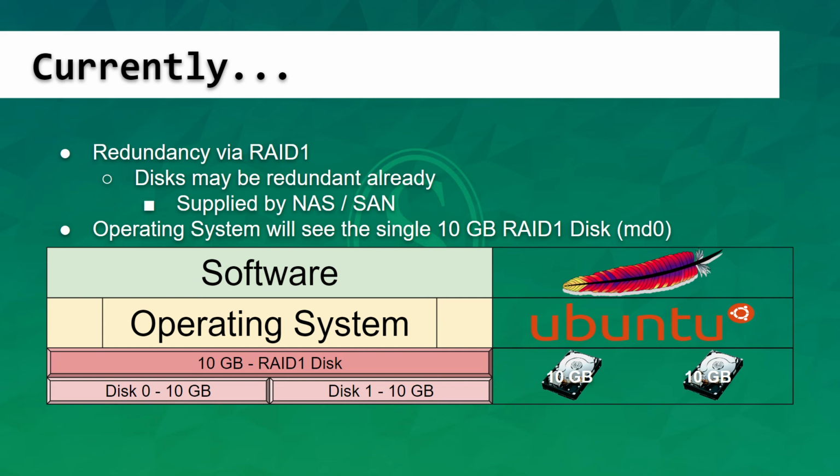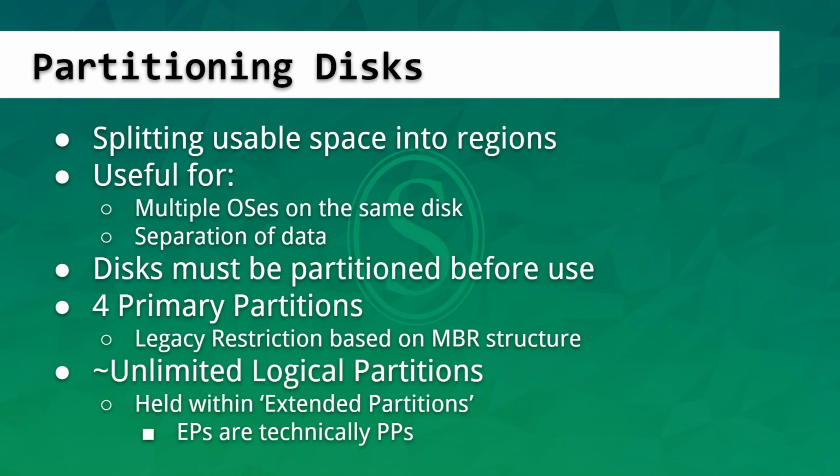So from the operating system standpoint, we will see a single 10 gigabyte RAID 1 disk that we'll look at as multi-device 0. And that's just how Linux prefers to look at RAIDed disks. Whenever we have RAID, it's a low-level operation. That's before the operating system is installed.